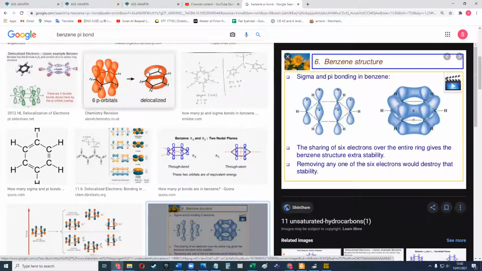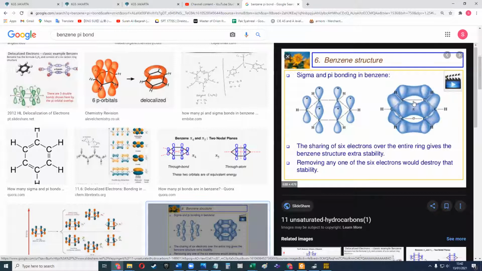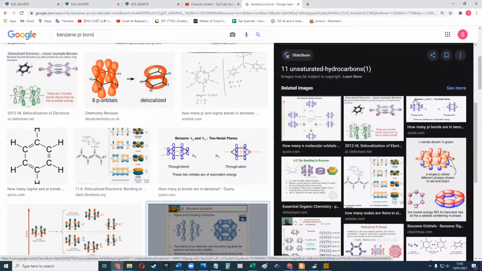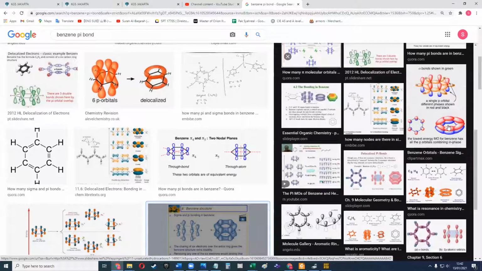They're not going to make a smooth circle here, but actually this one is the better representation. But for simplicity, people usually depict them as if it's a smooth donut. Actually, it looks much less like a donut. So here it is. This one is also a good representation.